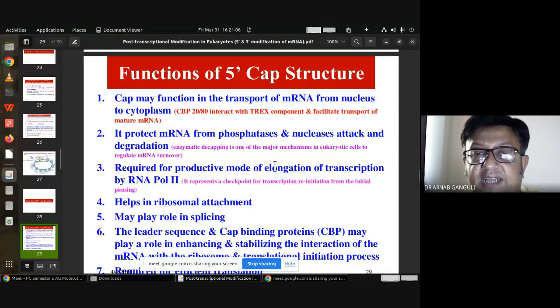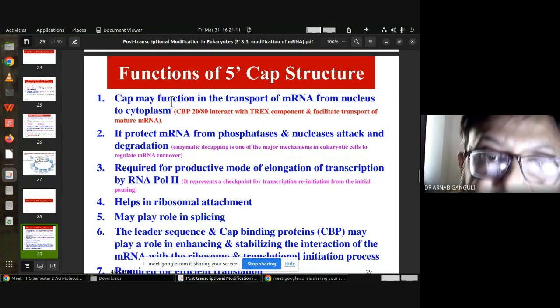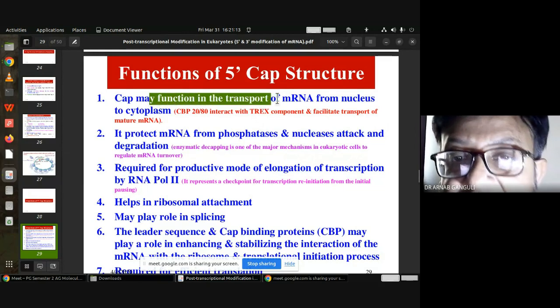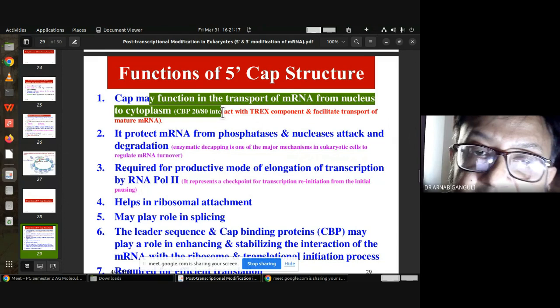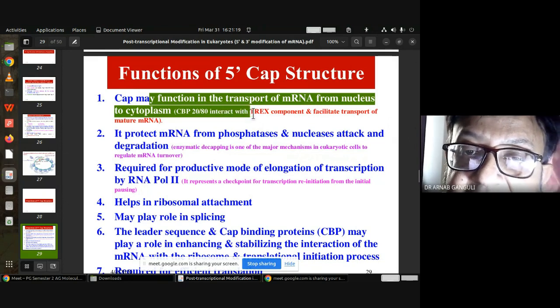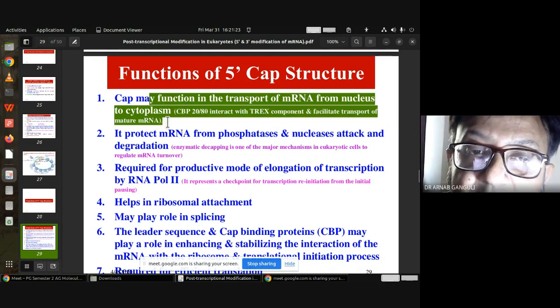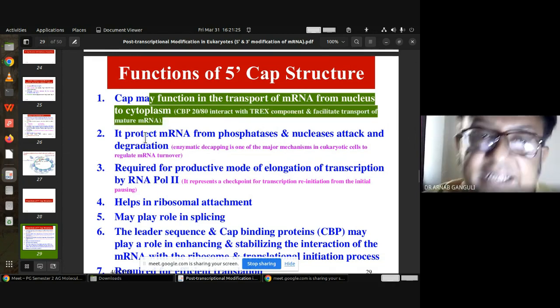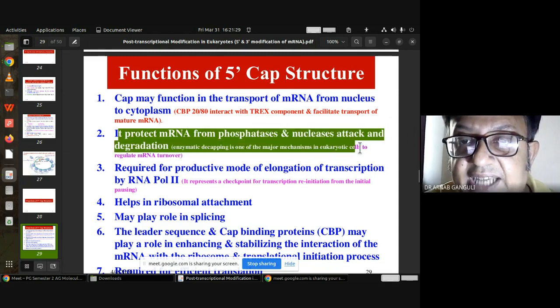So what is the function of the 5' cap structure? The cap may function in the transport of mRNA from nucleus to cytoplasm. The CBP20/80 interacts with TREX components and facilitates the transport of messenger RNA. It protects mRNA from phosphatase and nuclease attacks.